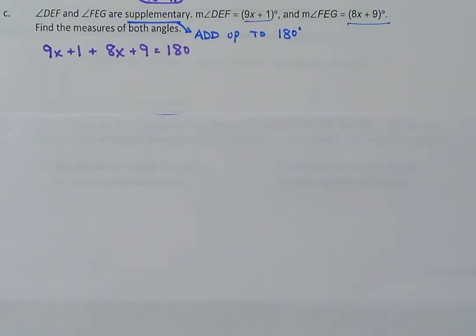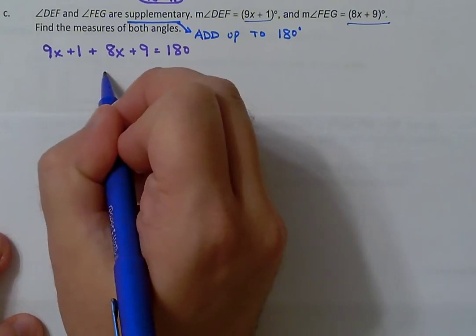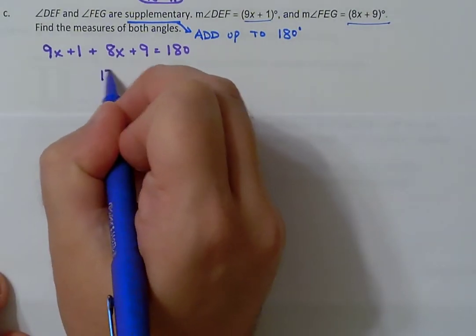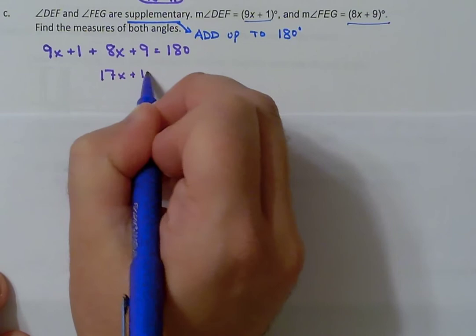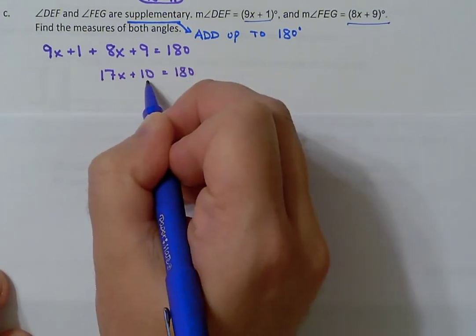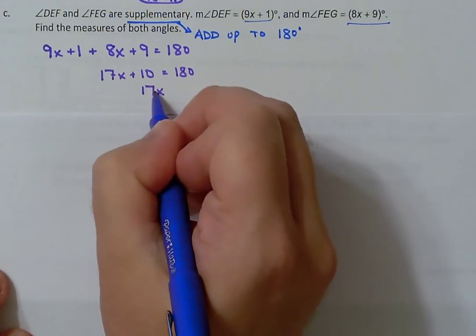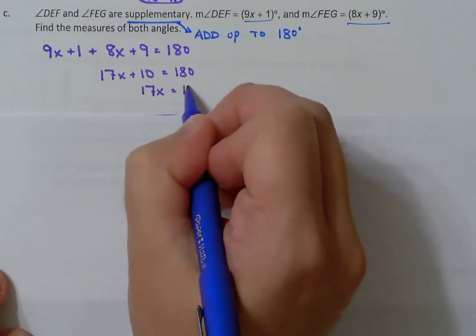Again, supplementary is 180, complementary is 90. So if I solve for x, I combine like terms, and I'm going to end up with 17x plus 10 equals 180. If I subtract 10 away from 180, I get 17x equals 170.